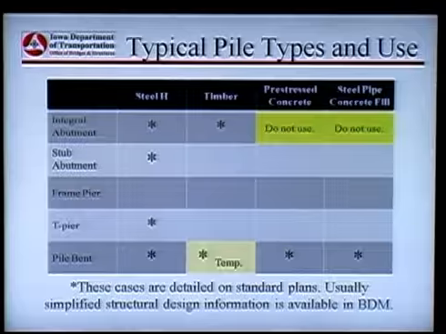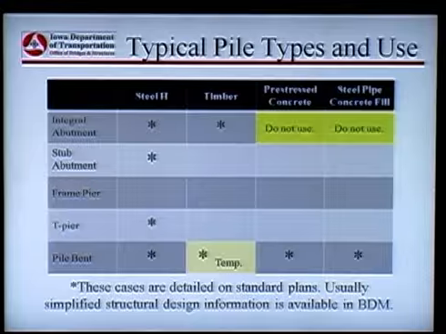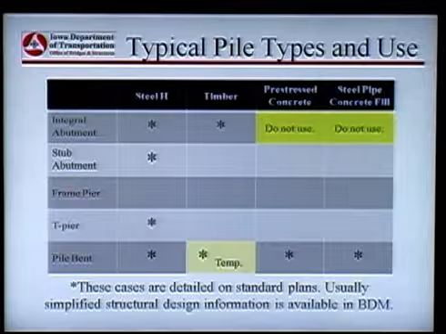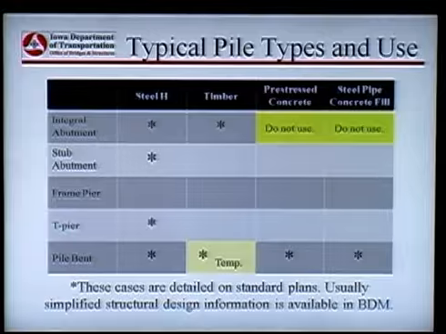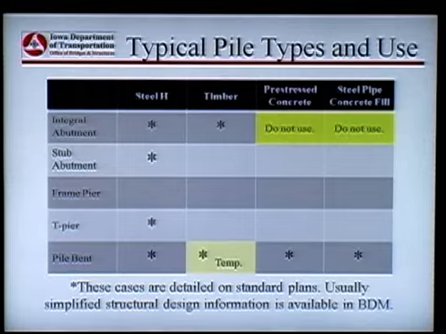Basically, bottom line, what we've decided to do is use exactly the same fee factors for those 2 pile types, the pre-stressed and the pipe pile that's closed when it's driven and filled with concrete.